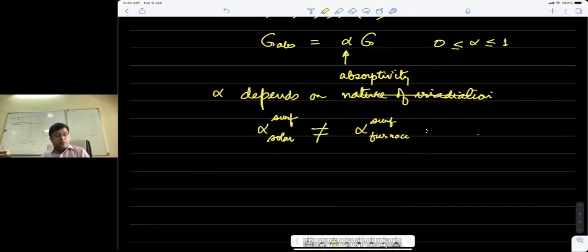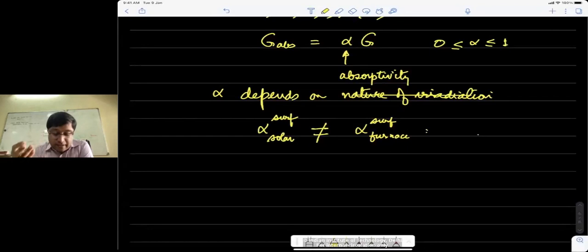So alpha is not just one value for a surface. It actually depends on the nature of irradiation. What do I mean by nature of irradiation? It depends on the spectral properties of the radiation, meaning the wavelengths at which the radiation is being received by the surface. This G is a sum of many different aspects.